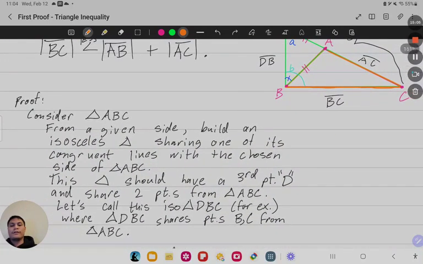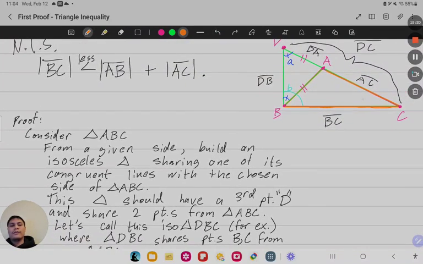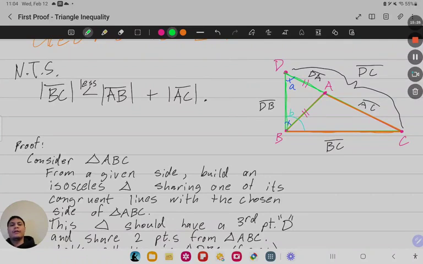So we're going to consider triangle ABC, this little orange triangle here. And we're going to take a side, so we picked side AB, and we're going to build an isosceles triangle by connecting this green triangle here across. And we're going to pick a point D to connect the third point.